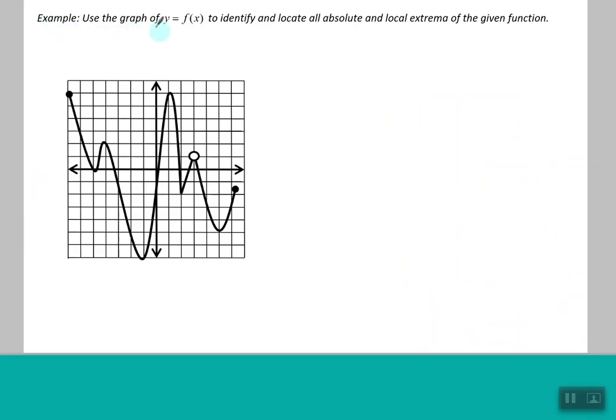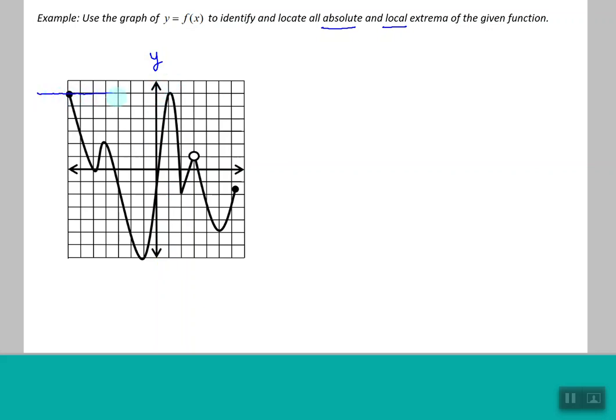Example, use the graph of y equals f of x to identify and locate all absolute and local extrema of the given function. Let's start with looking for maximums. So looking in my graph, I'm looking at the y values, looking at the y-axis. How high does this graph go?